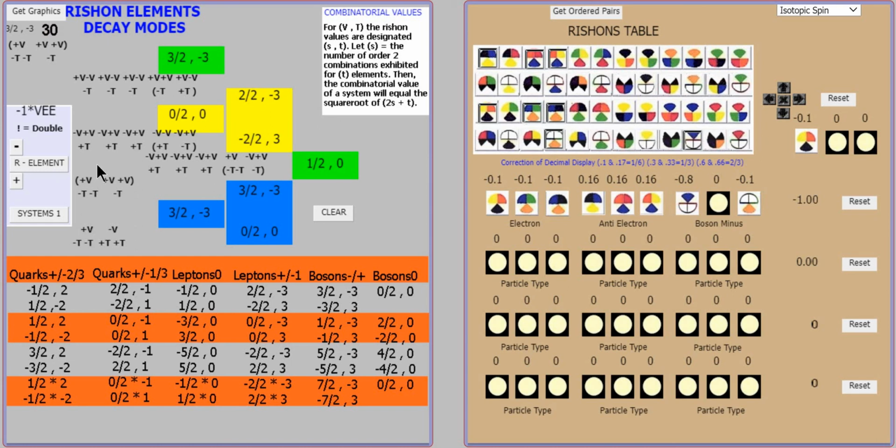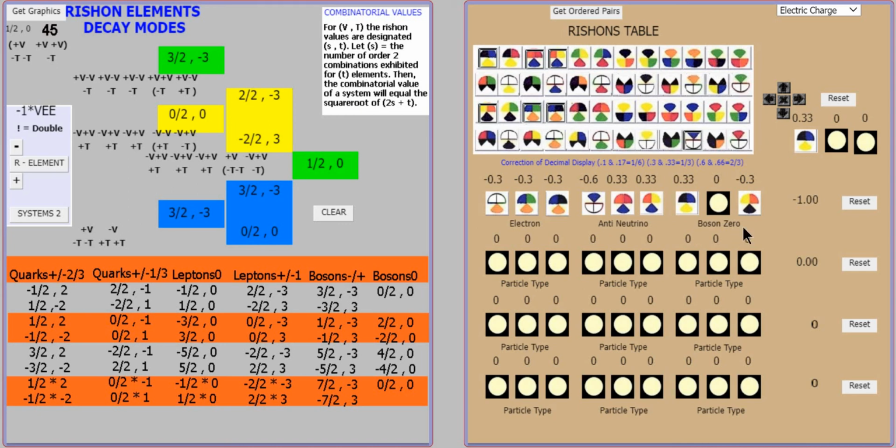And here, this combination will allow us to exchange this self-relating anti-V rishon with one of these alter-relating rishons to give us an anti-neutrino. We can see that exchange graphically over here.